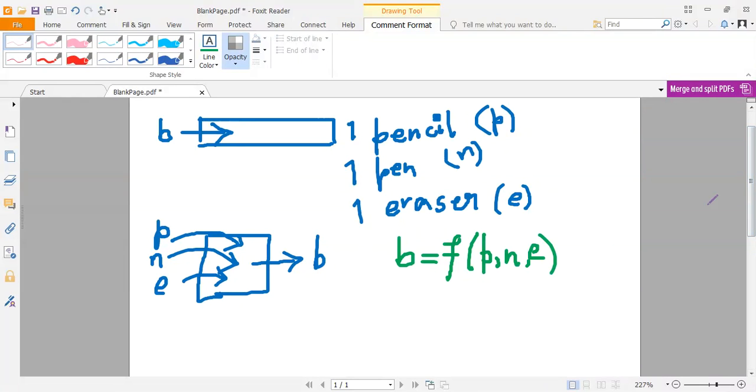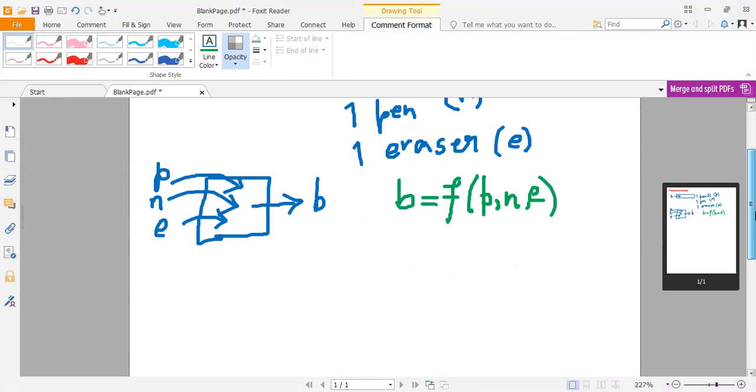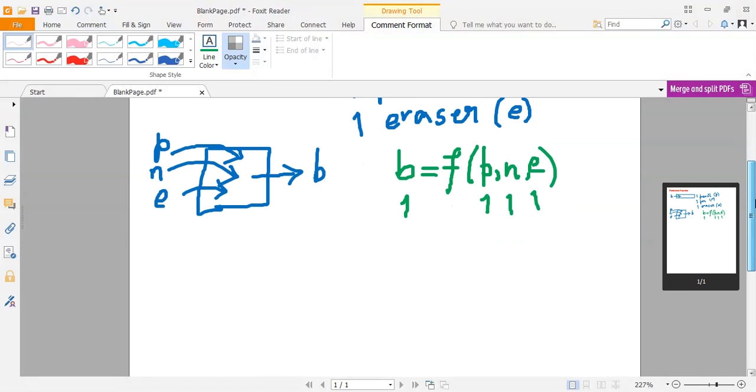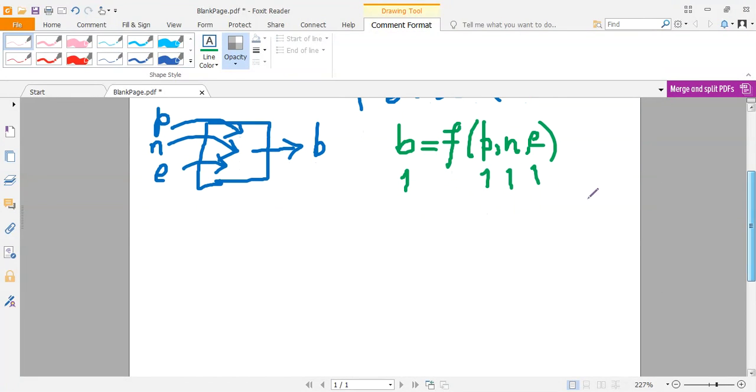Every box uses one pencil, one pen, and one eraser. So if I put in P equal to 1, N equal to 1, E equal to 1, I get B equal to 1.